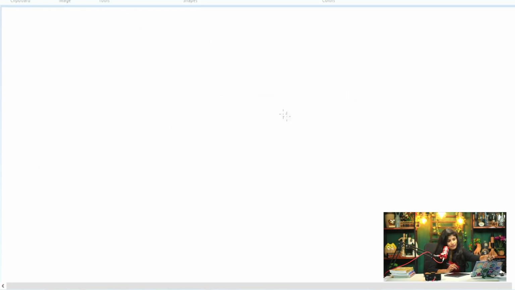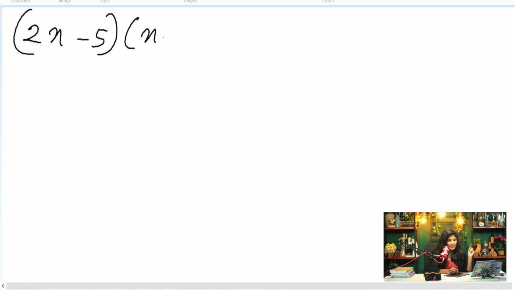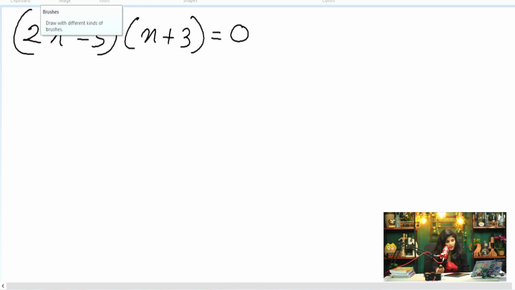Moving to the fourth question. This is a little bit different, right? 2x minus 5 and x plus 3 equals 0. The same method: you have to equate both factors to 0.